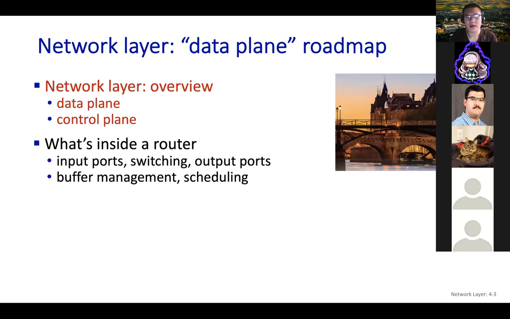In the router, we have input ports, switching, output ports, and buffer management and scheduling. The general idea is you have some datagram input, and the input ports switch the data to the output port. There is forwarding and a routing algorithm here, so we'll generally talk about that. And there is also some buffer management there.